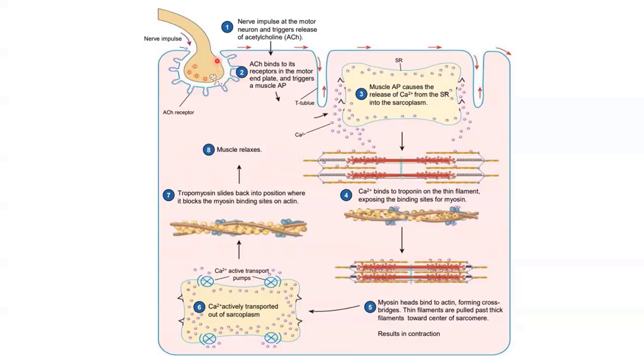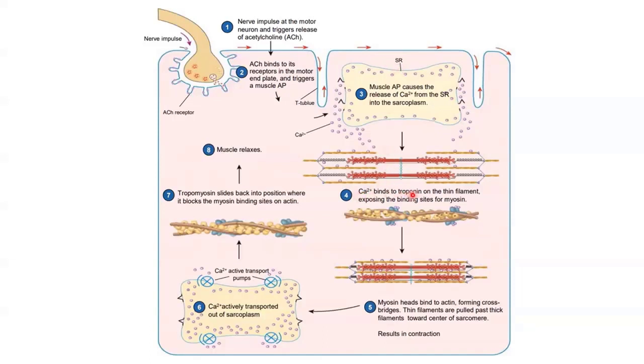That causes sodium to rush into the muscle and the action potential to run along the sarcolemma and down our T-tubules. That then causes the release of calcium from our sarcoplasmic reticulum and our terminal cisterns.